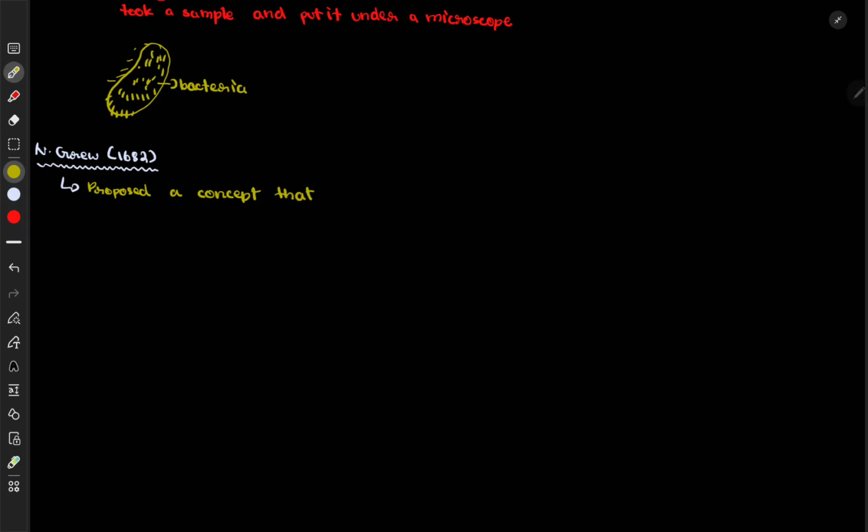that cells are the structural and functional unit of life.